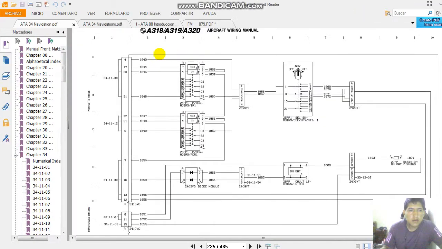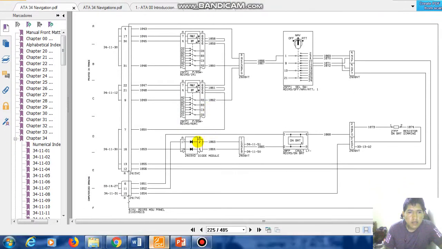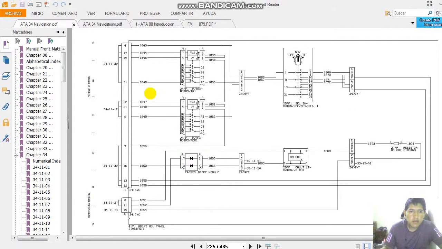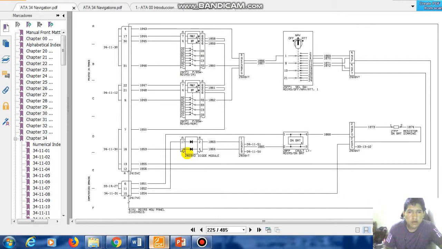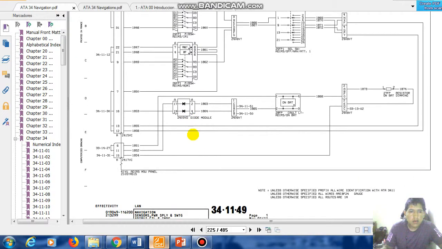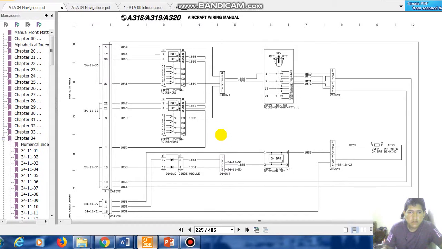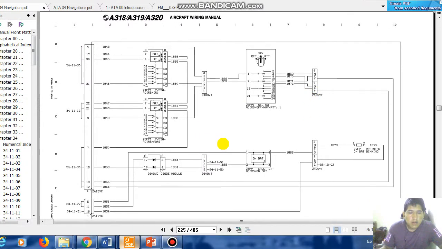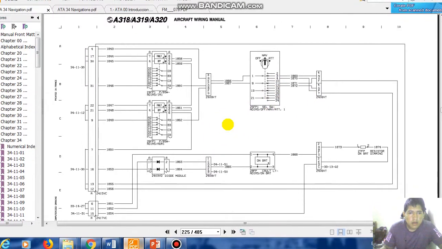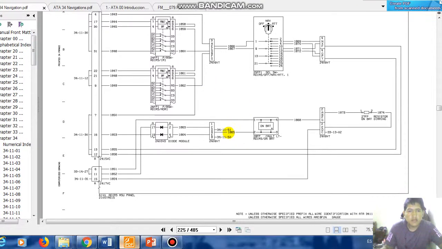In this connection you will see maybe a circuit breaker, or a relay, or diodes, and you can see the pin where the connection is.